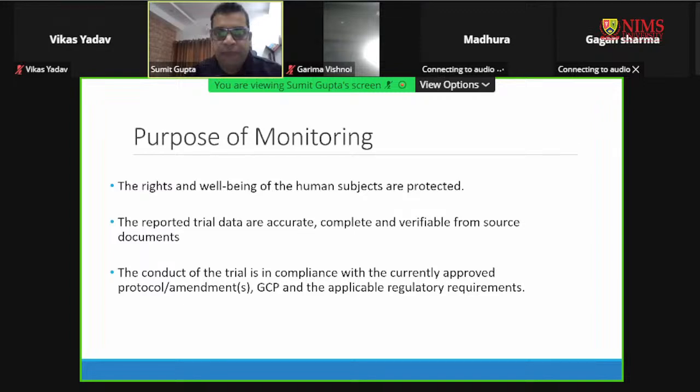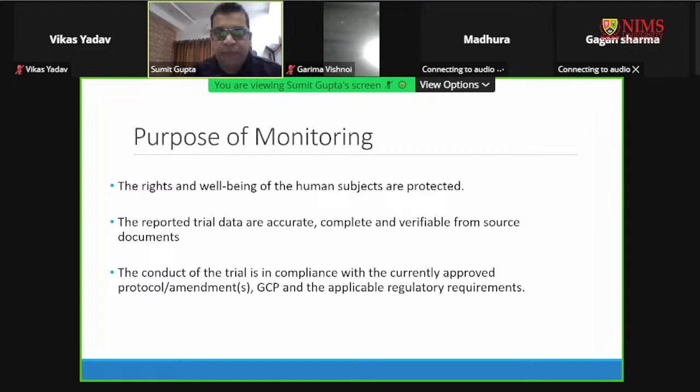So there are several sites in any particular study across the globe or across the country. So during the centralized review of the data, the monitor can compare the data coming out of several sites or several countries, and can look into whether there is a variability of the data across the countries, and this is generally helpful.